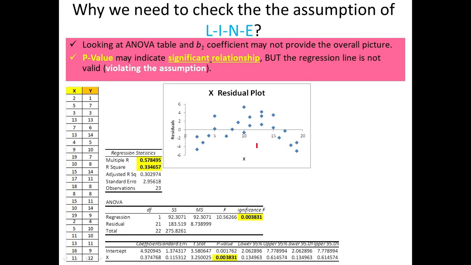What I can see here is that the pattern looks like a curve. It is not evenly distributed above and below the zero line. So based on the residual plot, the assumptions of linearity and independence of error are violated.